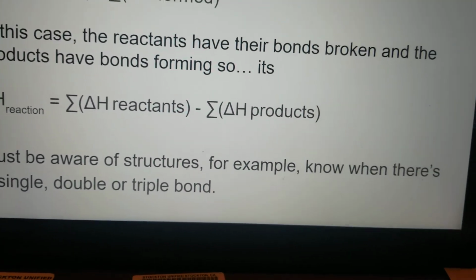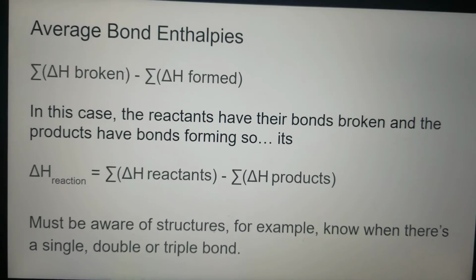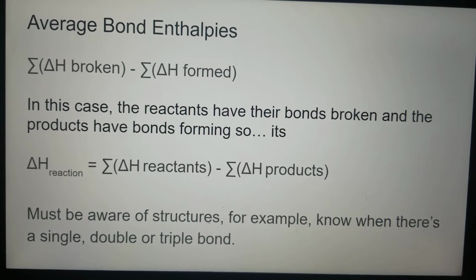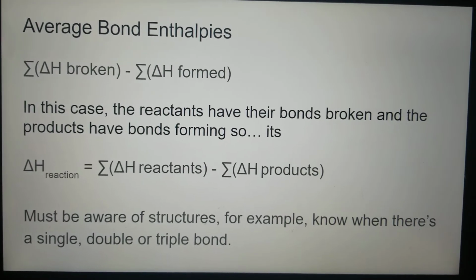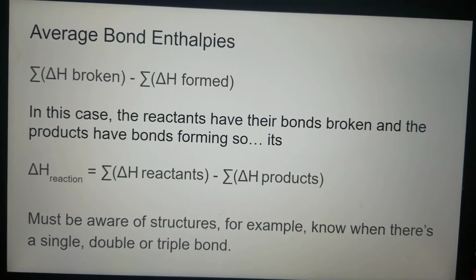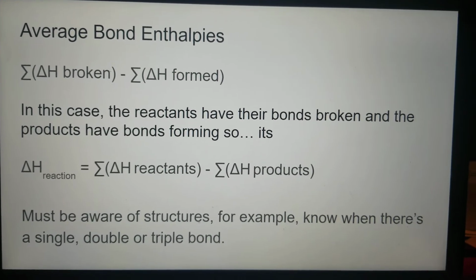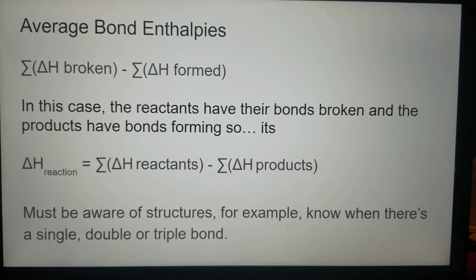For example, you have to know if there's a single bond, a double bond, a triple bond. Like in topic 10, remember when we were doing alkanes, alkenes, and alkynes, you have to know those different types of bonds. You have to know valence electrons. You have to know if a substance has 2 bonds. For example, oxygen always has to have 2 bonds.